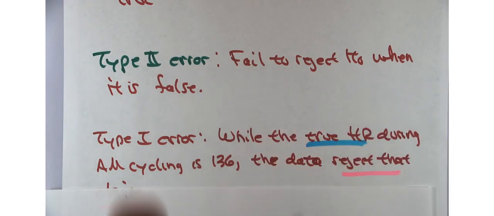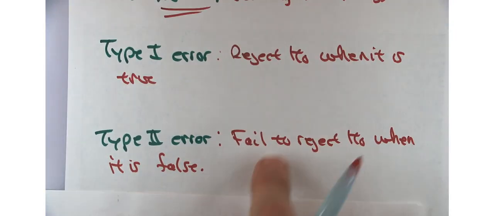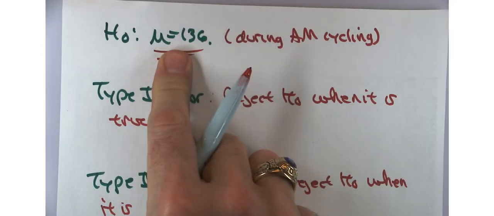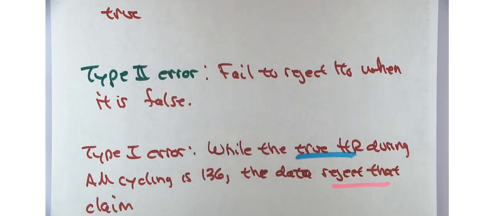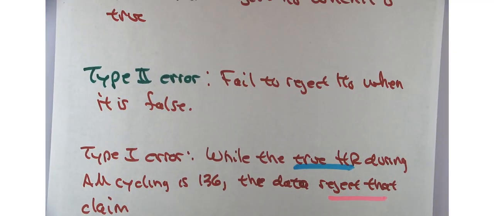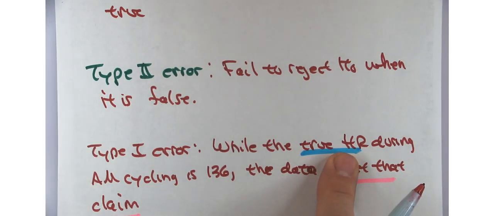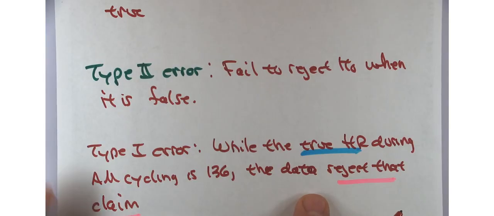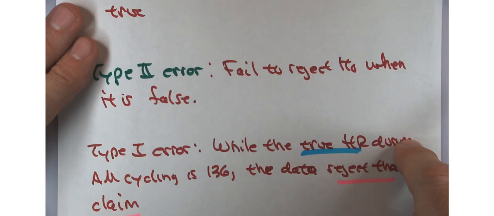Let's look at a type 2 error. Type 2 error, this is false, but you fail to reject it. So one way you could word a type 2 error, say, well, it is true that your heart rate is 136 beats per minute during morning cycling. The data rejected that claim. So, okay, it's true, but you reject it.